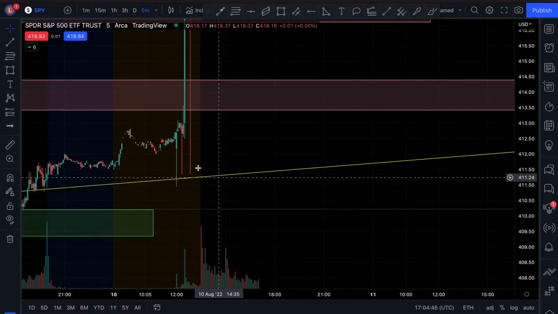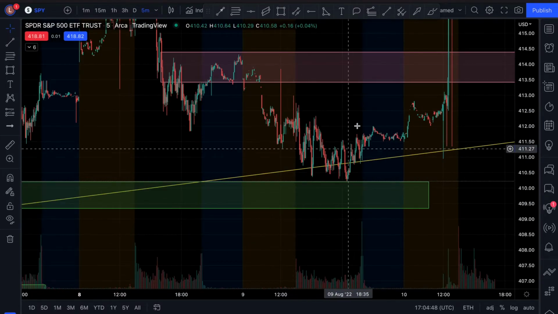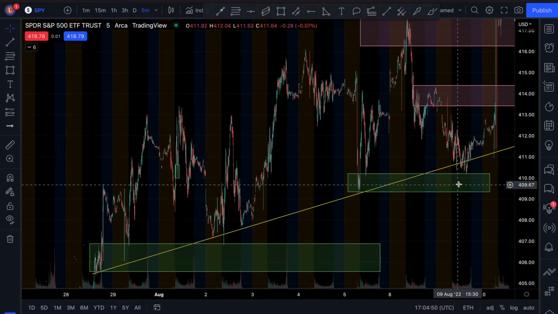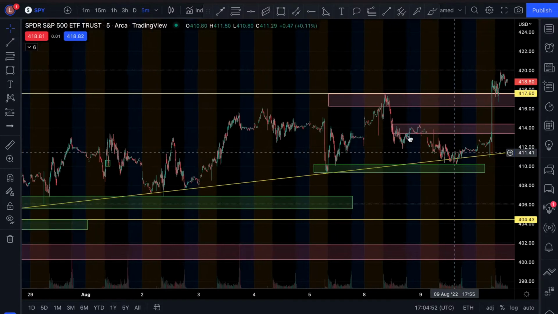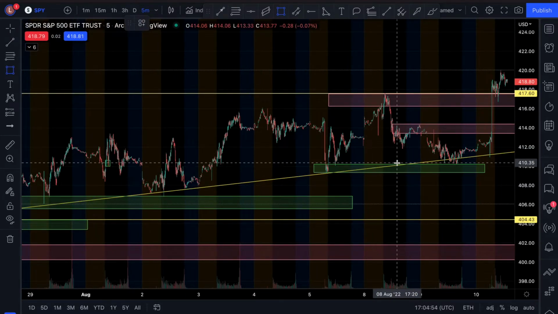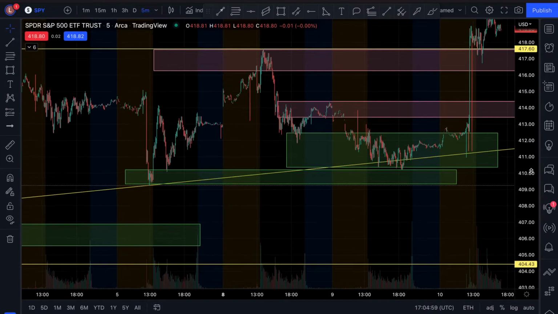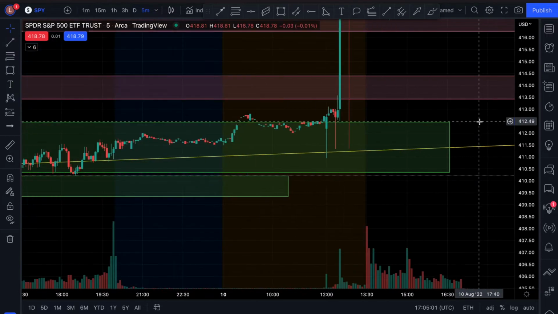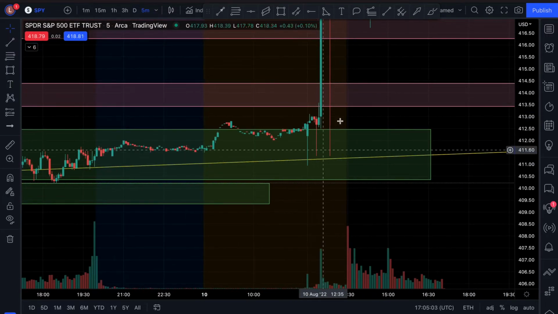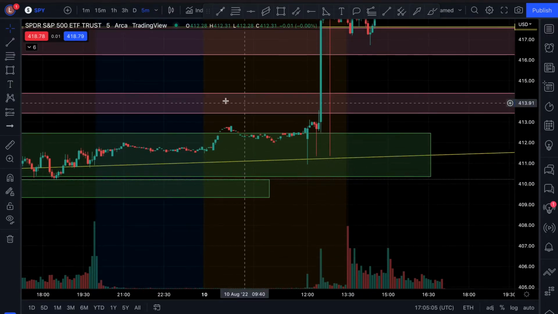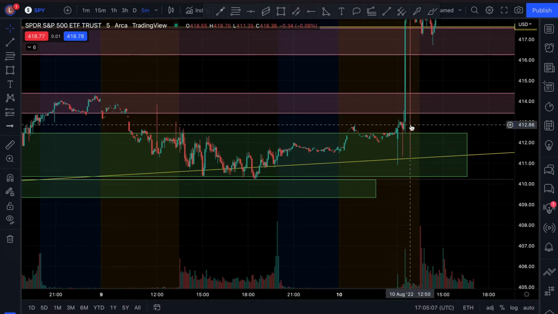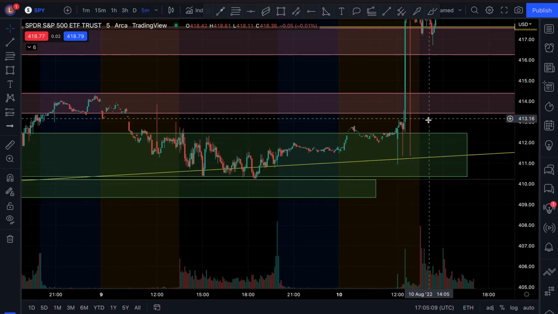And then by looking at the bigger picture, I noticed that what's really happening here is it's creating a balance, as you can see, because price in pre-market today came back in here just to fill out those buy orders that were left when the origin of the imbalance formed, right?